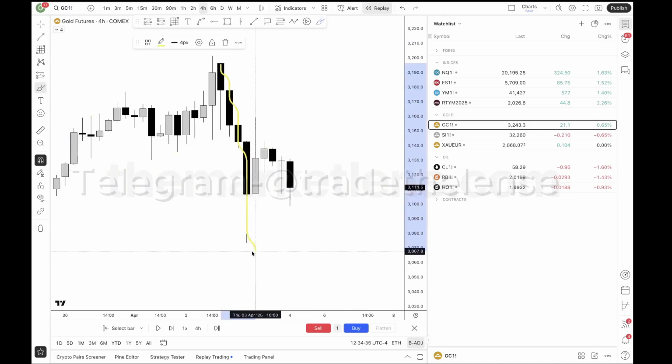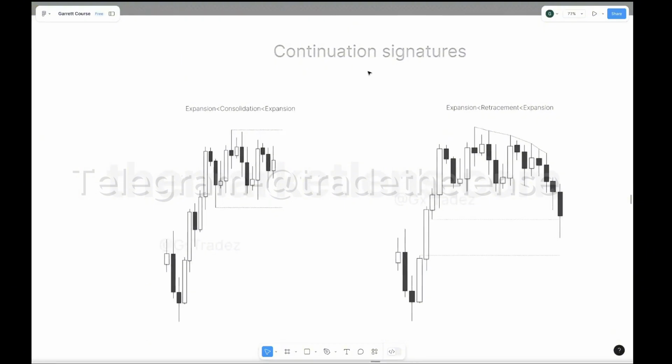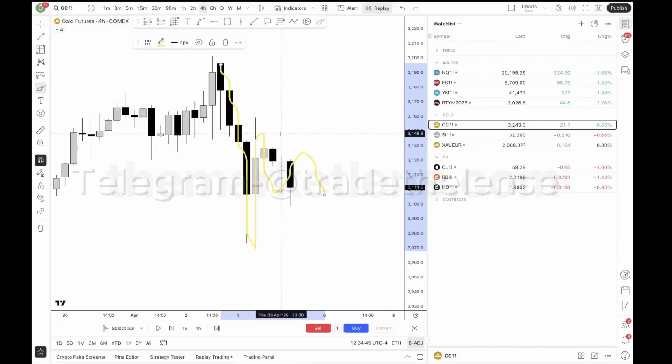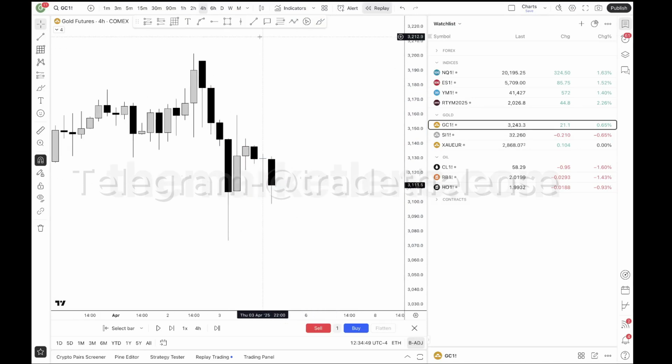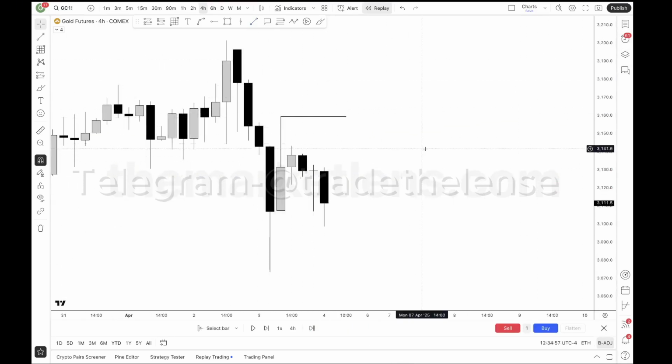Because if you expand and consolidate, what is that? A continuation signature. This is exactly what you're seeing. Expansion, consolidation. So if the strongest asset is showing that, then it's lagging behind. So what's the ideal way to trade away from a consolidation? It's manipulation, ideally.